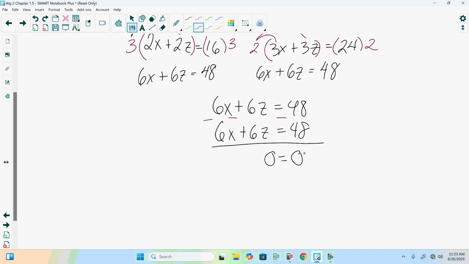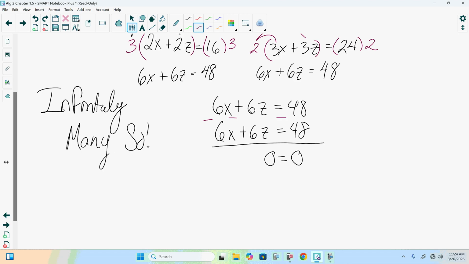We can see they are the same equation, yes? So when we subtract, we're going to get 0 equals 0, telling us that there are infinitely many solutions. Questions on this here?